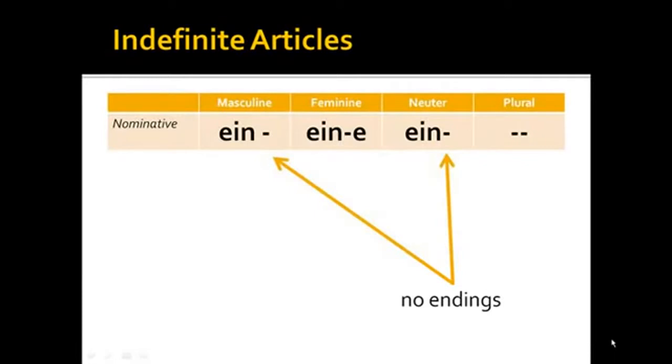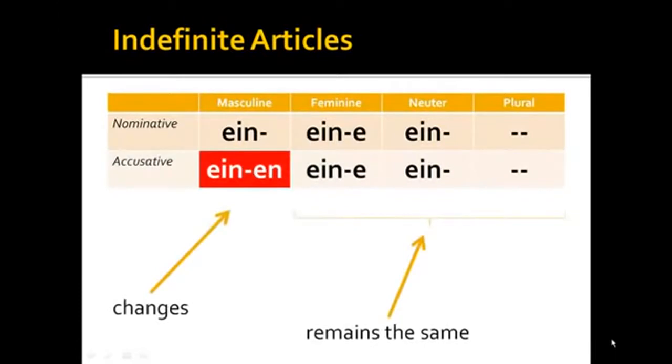Now let's take a look at the indefinite articles in the accusative case. Here they are: einen, eine, ein. Now you'll also notice that in the accusative, the feminine and neuter remain the same. They don't decline. However, the masculine indefinite article changes.